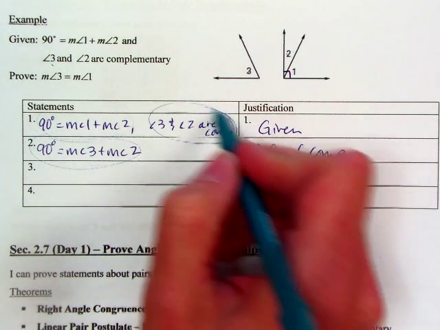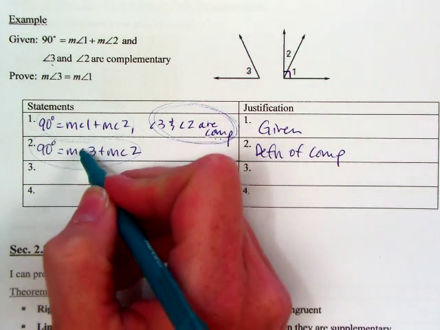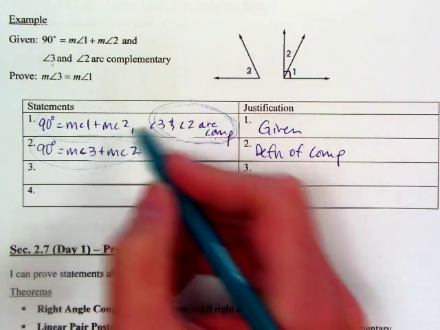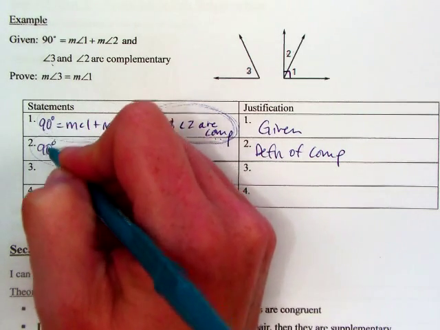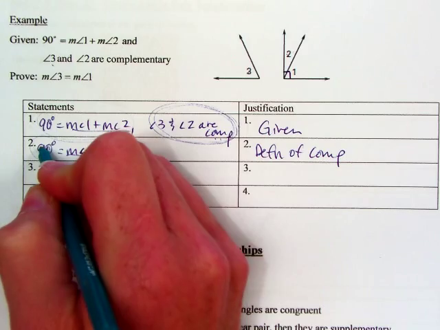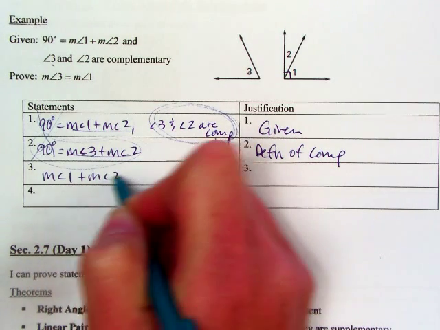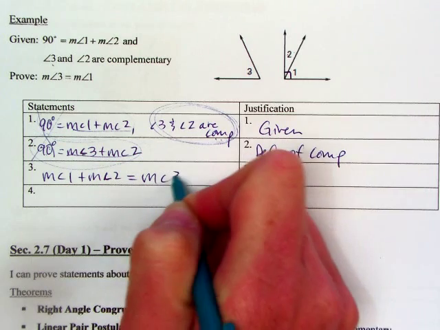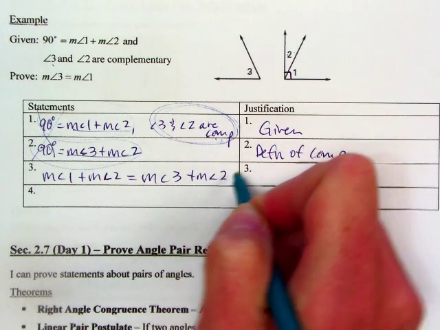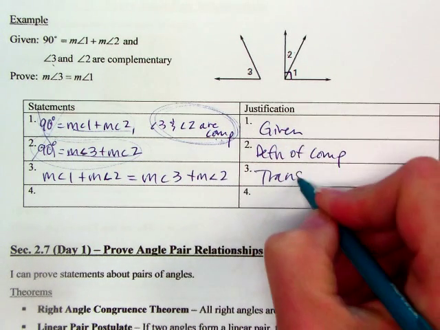So anytime you have words, you want to turn them into equations so that you can work with them. Since both of those are equal to 90, all of this equals 90, all of this equals 90, I can cut out the overlap and set them equal to each other. And you can either do substitution or transitive on that one. I'm going to do transitive.